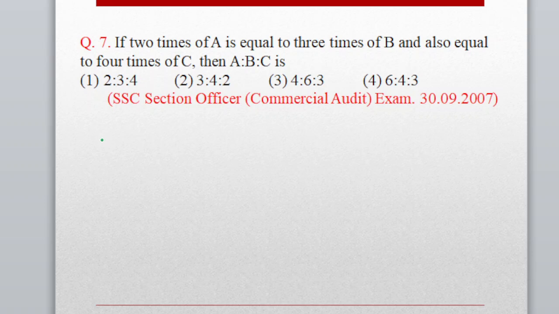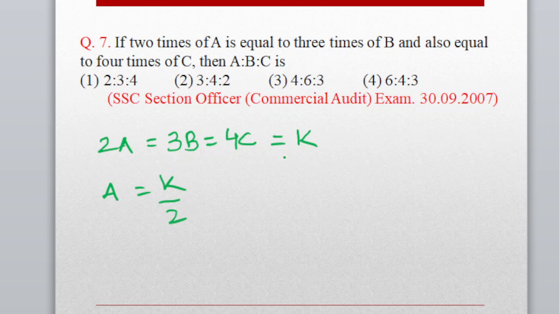Now it is given that 2A is equal to 3B is equal to 4C. Then what is the ratio of A is to B is to C? Suppose this is equal to K. Now A is equal to K by 2. Again B is equal to K by 3. Again C is equal to K by 4.